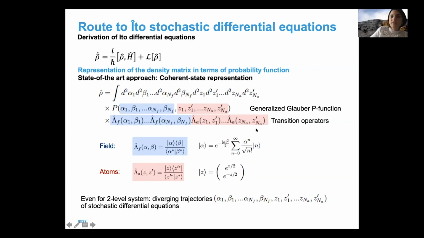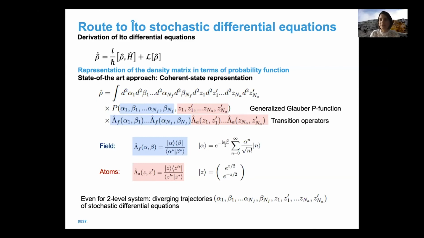This would be the first approach one tries, because that's the typical standard approach in quantum optics, to represent the density matrix by a coherent state representation. It turns out that this representation actually does not work for the case of superfluorescence. The resulting stochastic differential equations we get there are completely diverging.